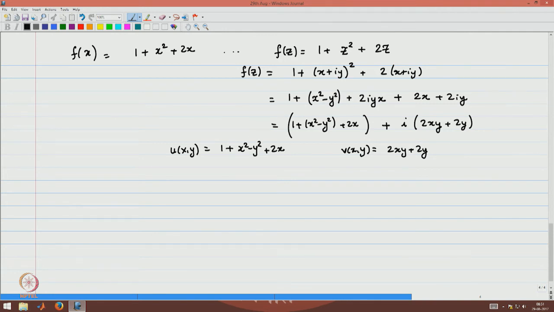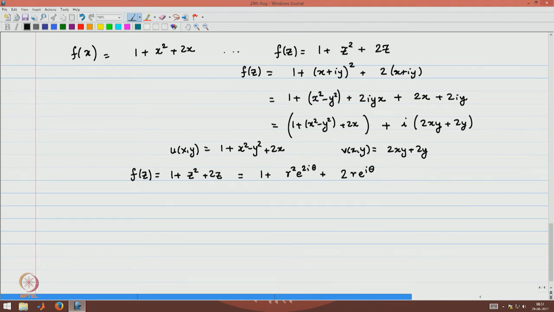Now if you want to write this in polar coordinates, suppose I take f of z equal to 1 plus z square plus 2 z. This is equal to 1 plus r square e to the 2 I theta plus 2 r e to the I theta.